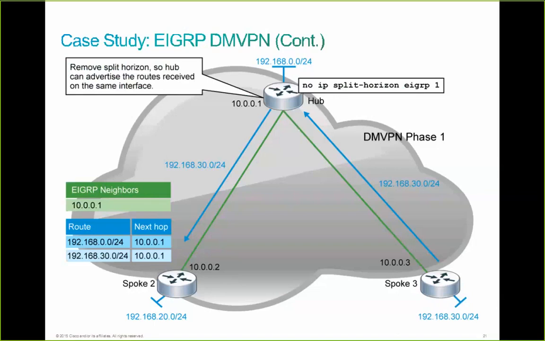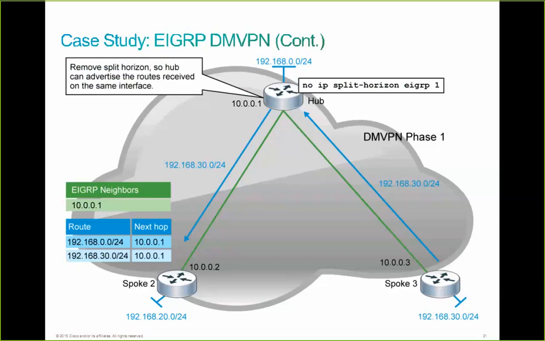So the hub router doesn't advertise any routes through the same interface that it receives them on. When we're using EIGRP to route through a DMVPN cloud, we always have to disable the split horizon on that hub router. And this applies to all DMVPN phases, by the way.